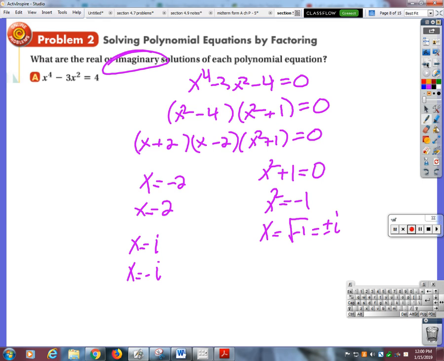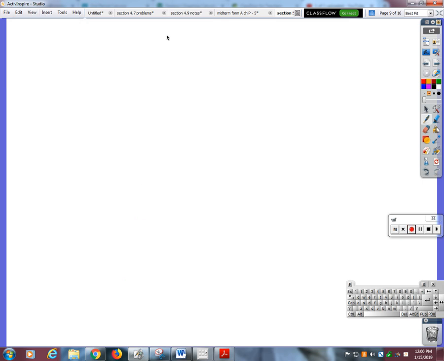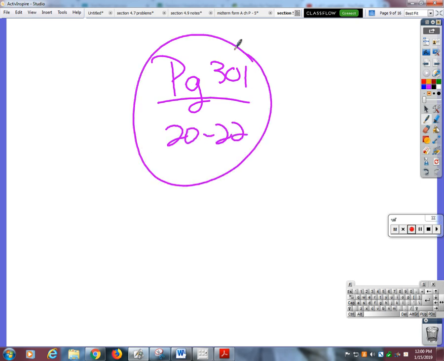Let's do those. Yep, so now will you add on from the previous page, page 301, numbers 20 through 22. Okay? So those are all x to the fourth ones. See what you can get out of that.